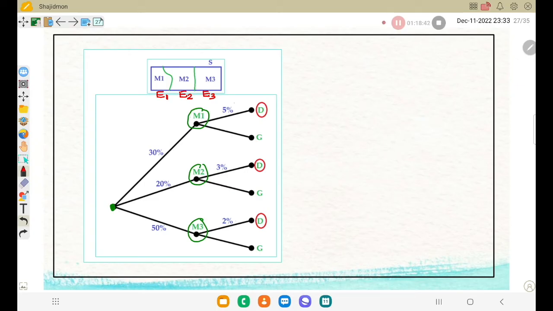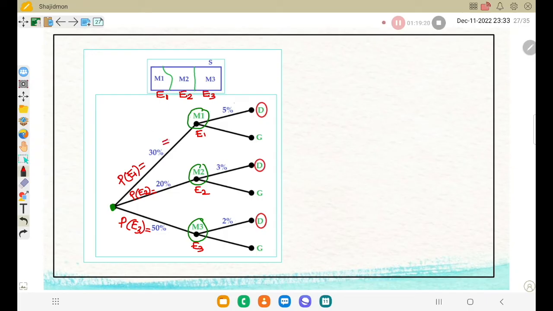Bolt produced by the first machine is E1, bolt produced by machine 2 is E2, bolt produced by machine 3 is E3, okay? So M1, M2, M3 means E1, E2 and E3. Now in machine number 1, what is the percentage of production? 30%, correct? So here we need to write probability of E1. Here we need to write probability of E2. Here we need to write probability of E3, correct?